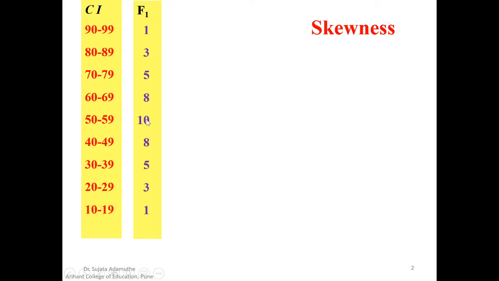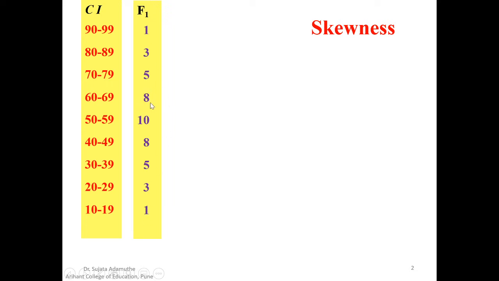Then if we observe, we will notice that the frequencies are going to reduce like this at the upper side, and also below the 10 frequency, the other frequencies have reduced in the same manner as above.